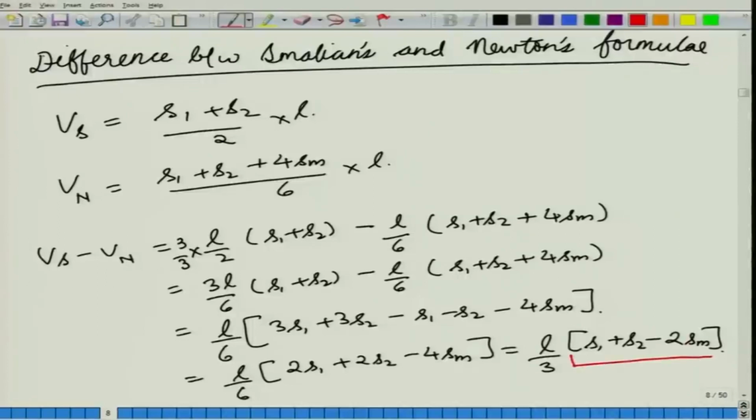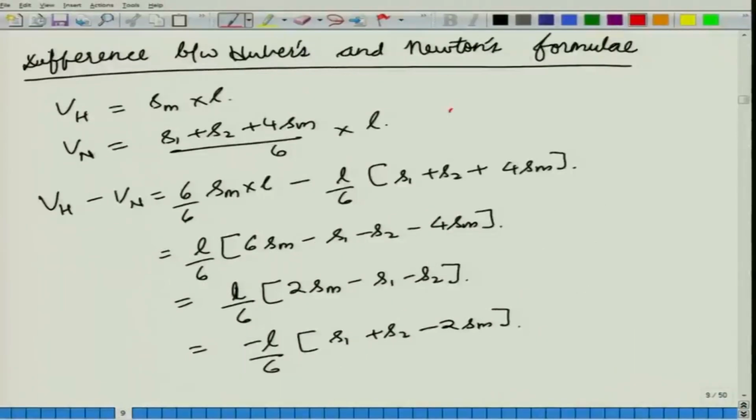So, let us write this portion as x. Here we have the difference Vs minus Vn is equal to L by 3 into x, where x is equal to S1 plus S2 minus twice of Sm.